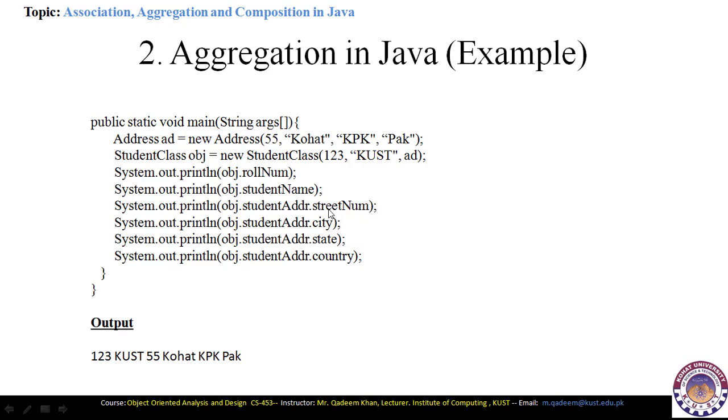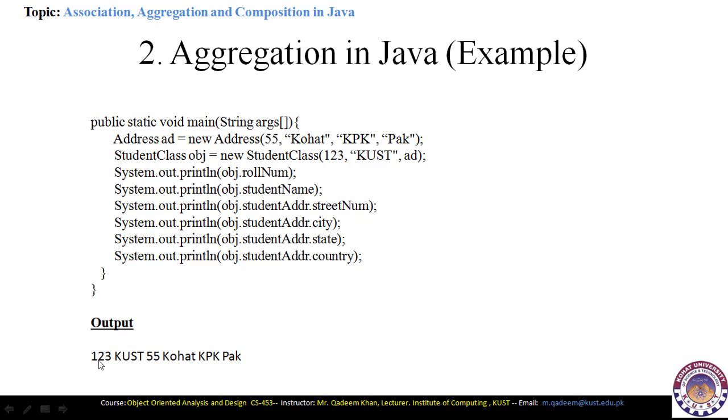This is the object name, this is the parameter name. So here it will access another object through the parameters, and similarly studentAddress is the object name, and city is the parameter, while city was declared in the previous class. Obj.studentAddress.state and similarly country, these are declared in the Address class.